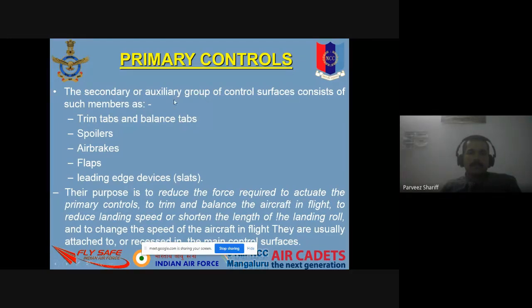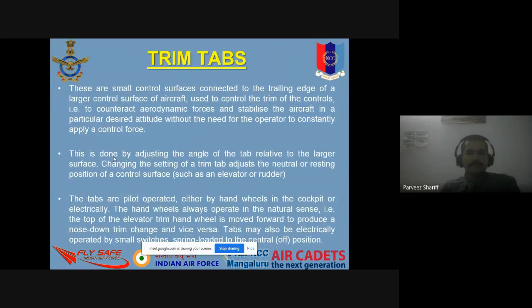The secondary controls are also called auxiliary controls, which are additional surfaces connected to the aircraft. Those might be trim tabs, spoilers, air brakes, flaps, and leading edge devices. The purpose of these is to provide additional support. Without these secondary controls the aircraft can also fly, but they provide better stability for the aircraft.